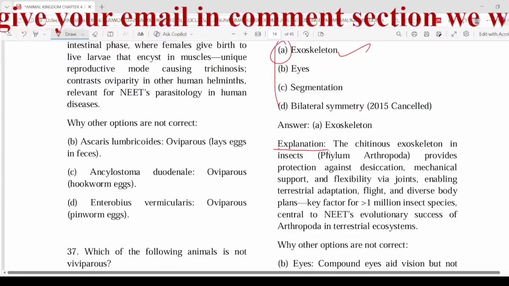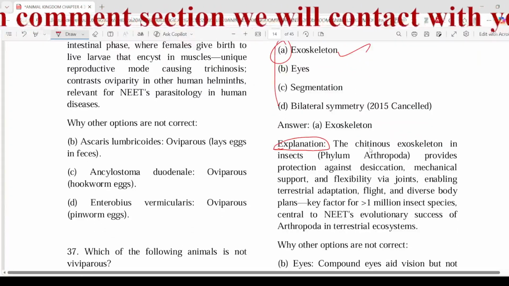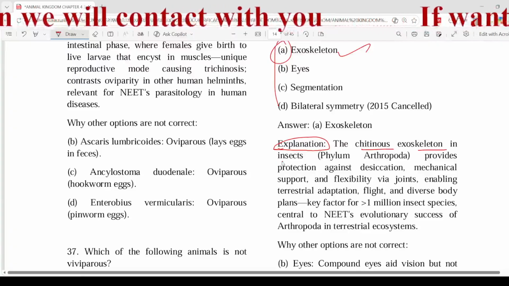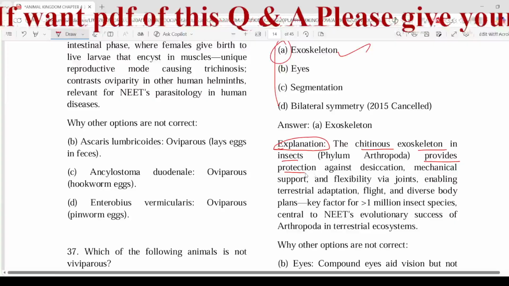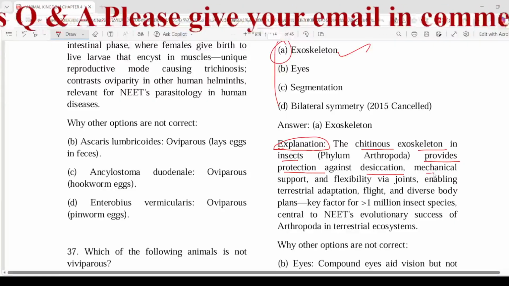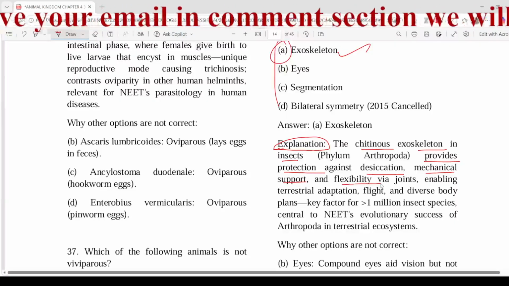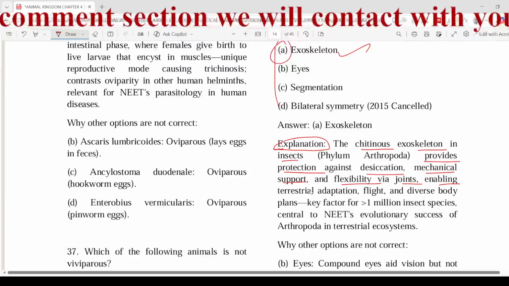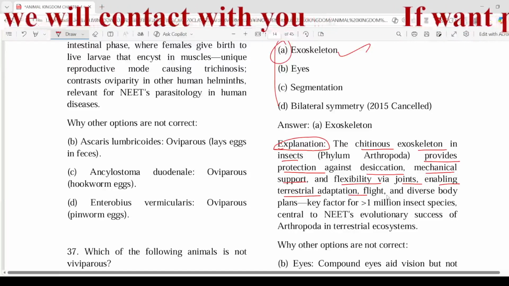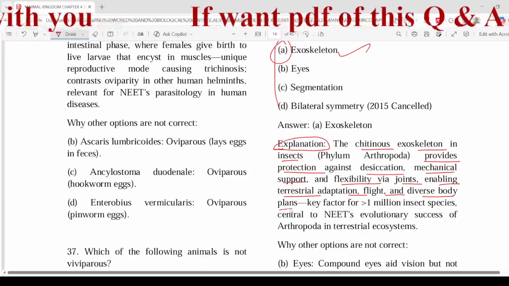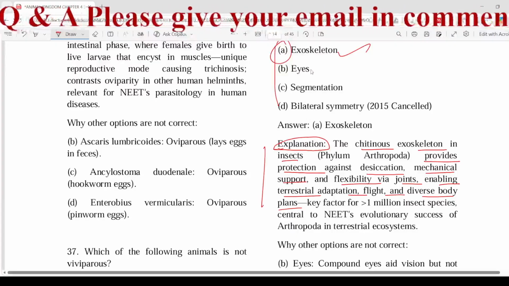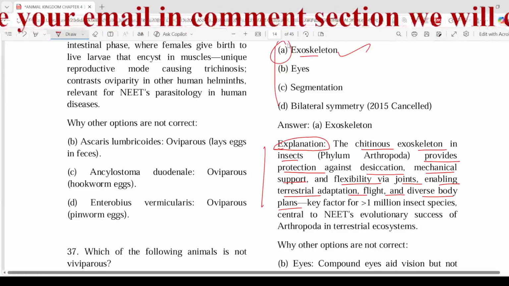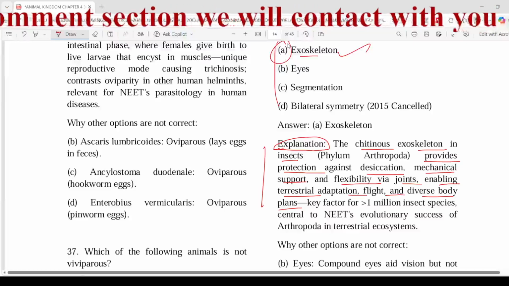The explanation is that the chitinous exoskeleton in insects provides protection against desiccation, mechanical support and flexibility via joints, enabling terrestrial adaptation, flight and diverse body plans. All these characteristics help insects diversify in the world.